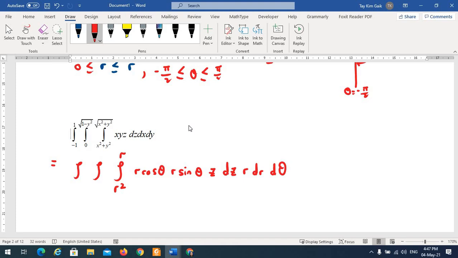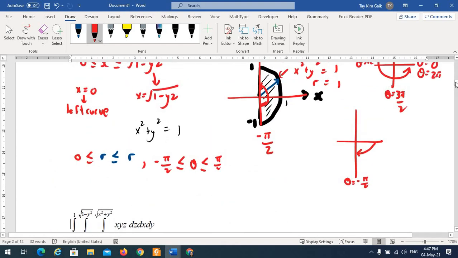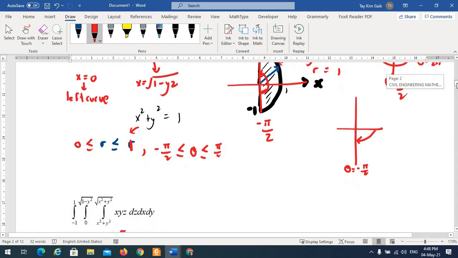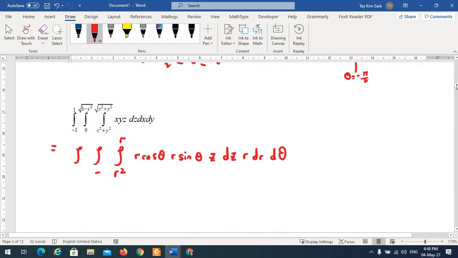And then limit of r is actually from the limit of x just now, from the upper limit of x equal square root 1 minus y squared, you square both hand side, we get x squared plus y squared equal to 1, which tell you r from 0 up to 1.